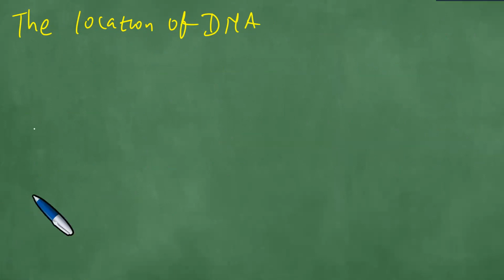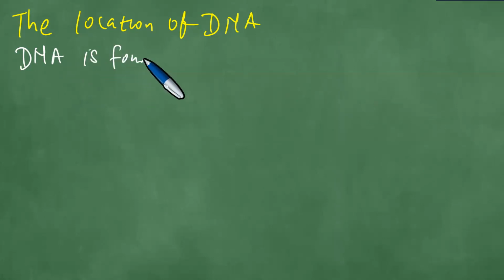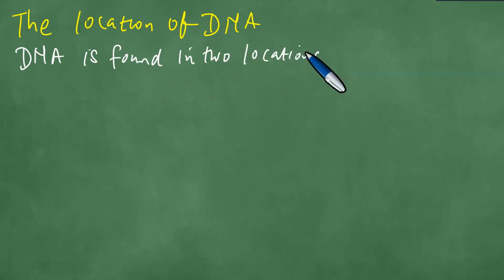Where is it in the human body? DNA is found in two locations in a cell.